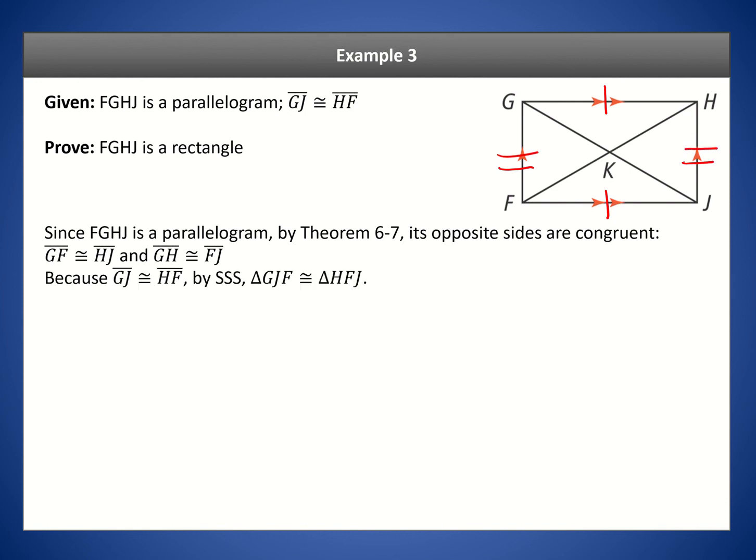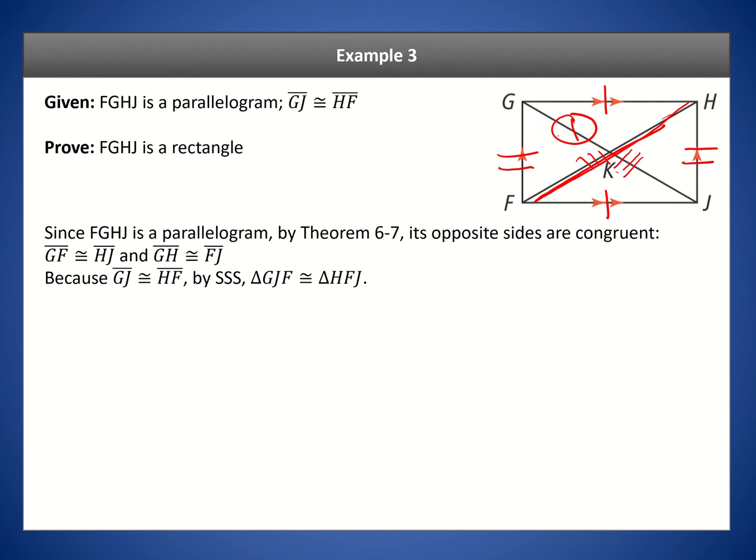So now, because the diagonals are congruent, if we look at just this diagonal, we know that it's congruent to this other diagonal. So those two diagonals are congruent. Now, if you look at these two triangles, this triangle, which I'll say number 1, and I'll erase this.